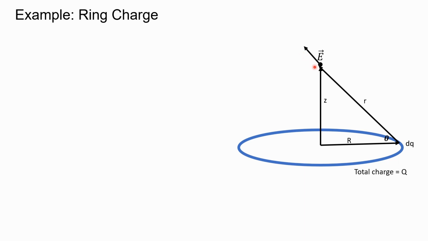Now comparing this to the previous electric field vector, which pointed in this direction, we can quickly realize that the resulting final electric field, when we integrate over this ring, will only have a z component. So it will only have Ez pointing straight up away from the ring after we integrate over the entire ring. So when we do our integration, we don't have to worry about any electric field pointing along the plane of the ring itself. And this makes the problem significantly easier once we recognize this.